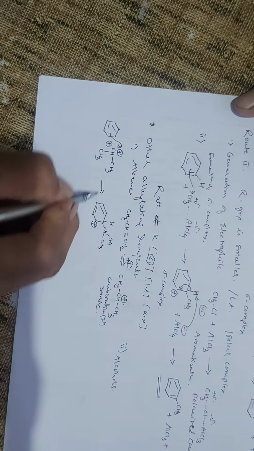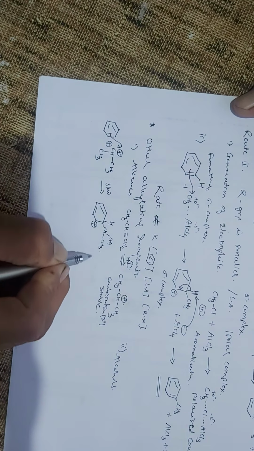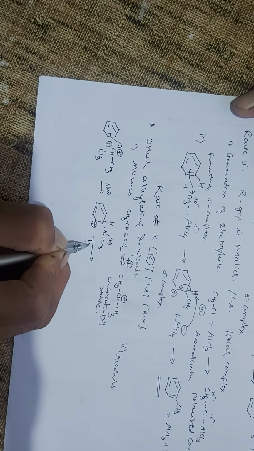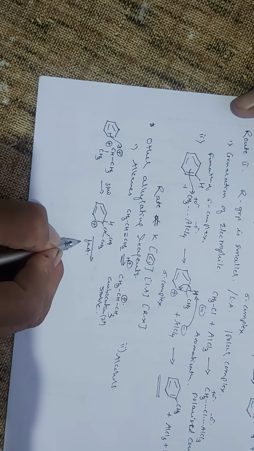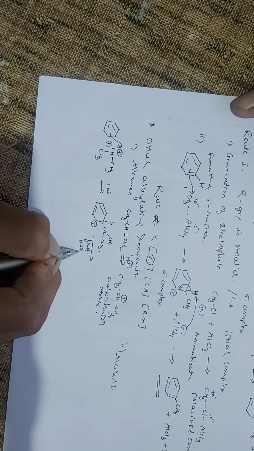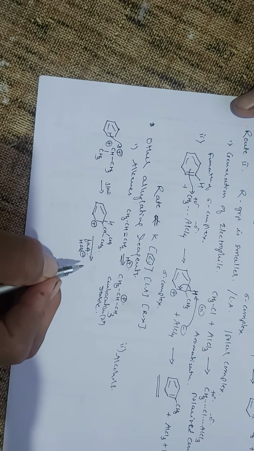This step is slow, and in the fast step the HSO4 minus, that is the conjugate base, because here we have used the acid.